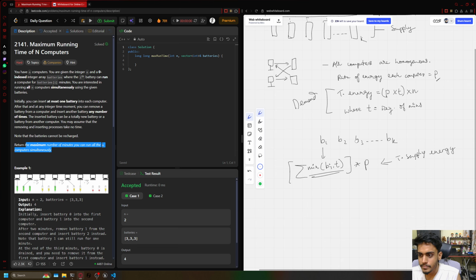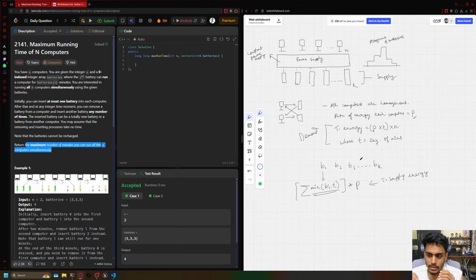In order to meet my requirement, which is to run all n computers for at least t minutes, my total supply energy should be at least the total demand energy, right?